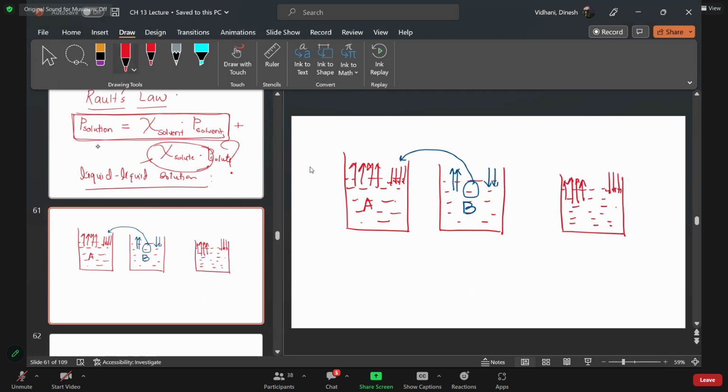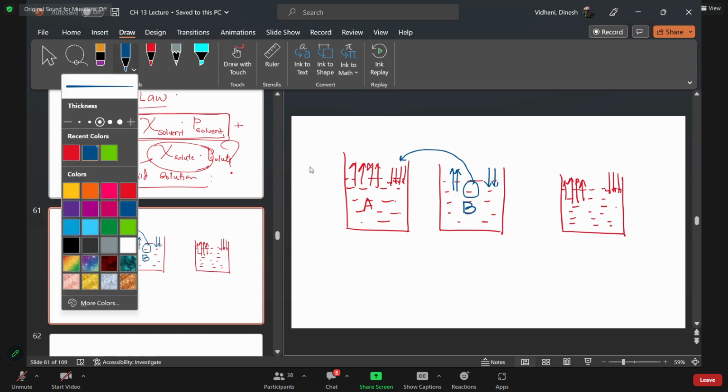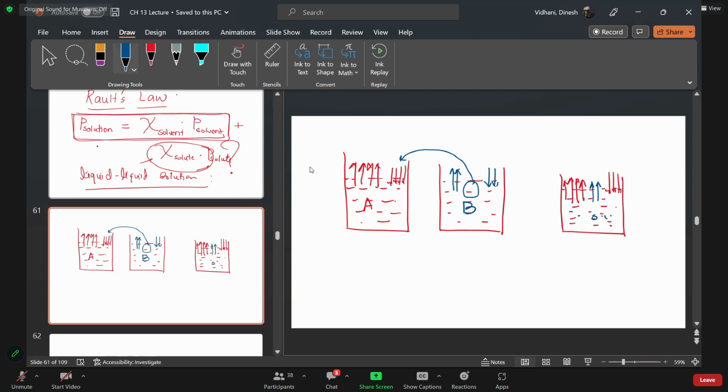Then also now you have interference from your B as well, because you have B over here as well. So B is also going in and coming back. But now if you are dealing with a miscible liquid, this ratio of going in and coming out will change. And that ratio will depend on the equation, the partial pressure of solution.